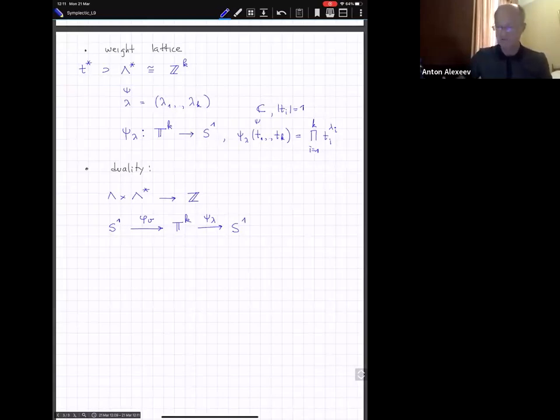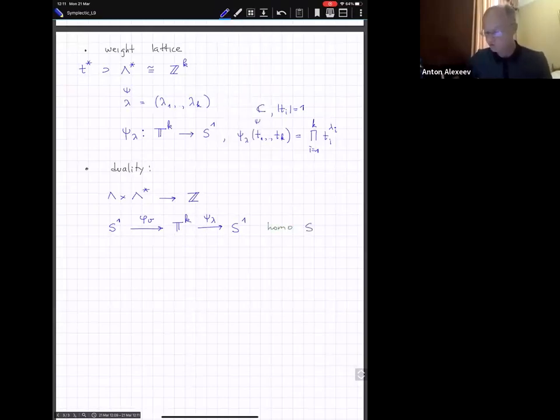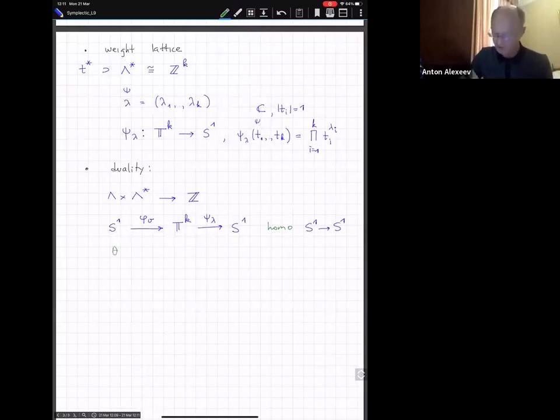This is, of course, a homomorphism from S1 to S1, this composition. And so, if we start with an angle theta, all the homomorphisms from S1 to itself are just multiplication of theta by an integer, right?